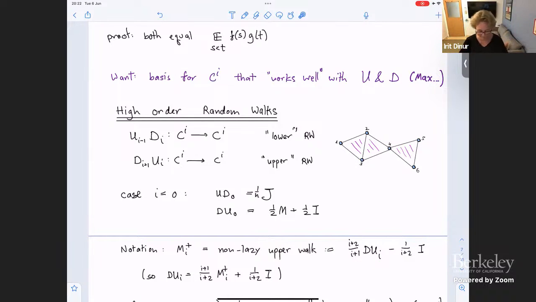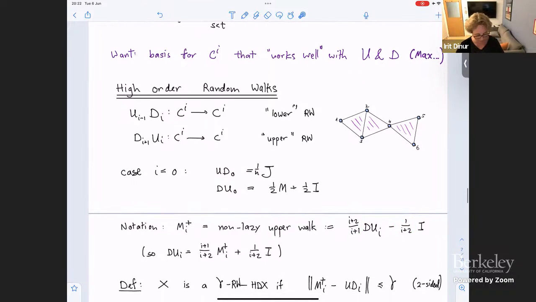The way to understand which constants to choose here is that you want to have this equation satisfied. I want to express the up-down walk as one component of laziness, with coefficient 1 over i plus 2 times the identity, plus another component, which is the non-lazy part. When I rearrange it, I get this formula. Let's check it for i equals 0.